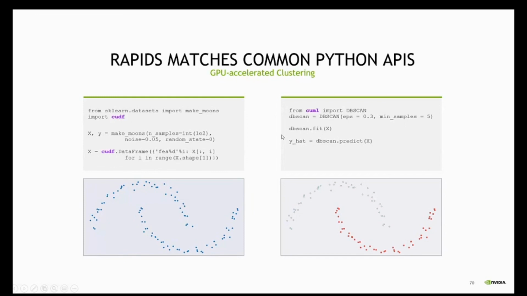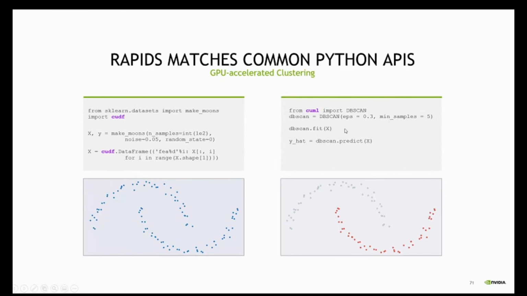Now let's look at the GPU version of this. I simply replaced pandas with cuDF over here. That is the only change I had to make. And on the sklearn part, I just replaced sklearn with cuML. All the API, that is fit and predict, remains the same.